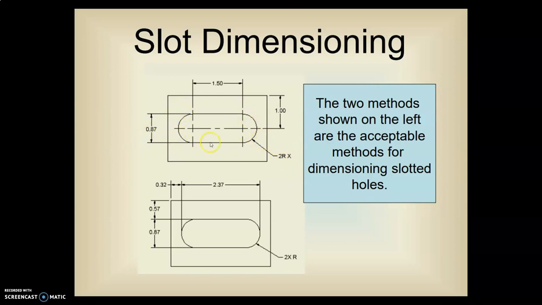Or we could specify that radius and leave that dimension off, or, used less often, we can do from end to end. But the normal way of dimensioning slots is to the centers because that's how they're created. You have a mill or a drill and you locate the center of those.